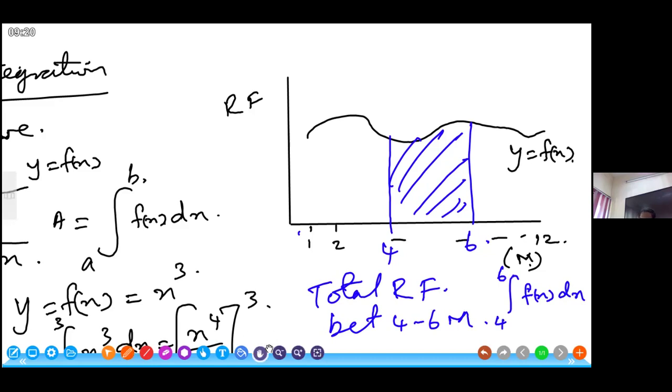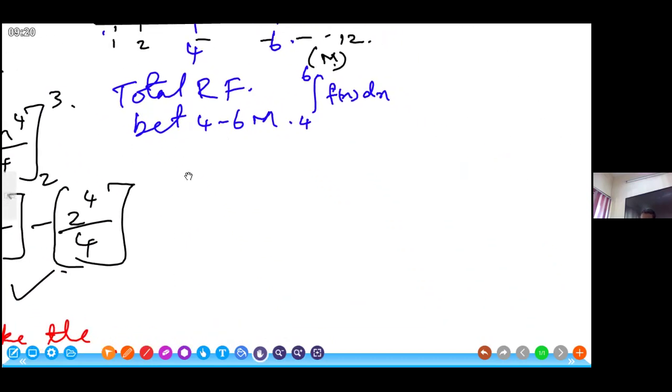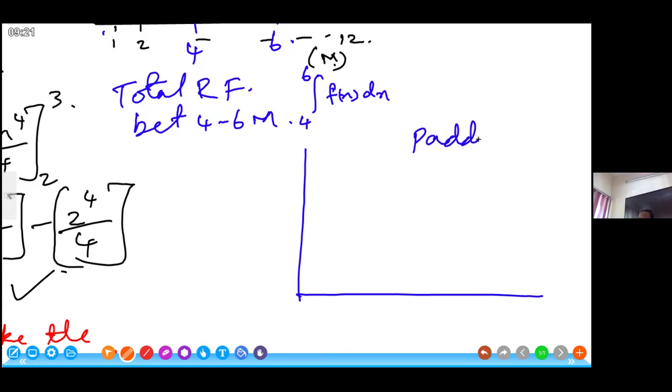Another example, let's say our production, maybe paddy production or onion production or milk production, whatever the production, 1 to 12 months again. Easy if you take it monthly.